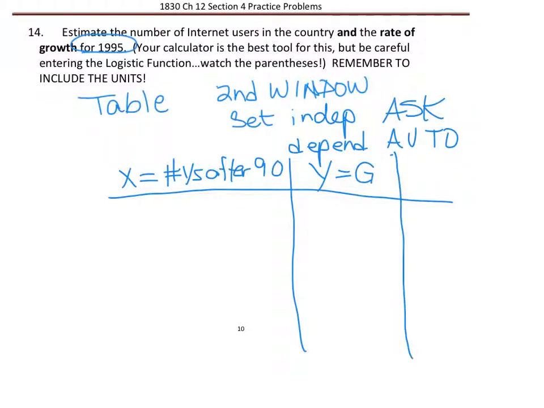And then Y2 is going to be the rate of change, or the marginal growth. And for our first table, this problem says we're going to put 1995. So we're going to enter the value there of 5. Now I'm going to page forward for a second and get the other numbers.